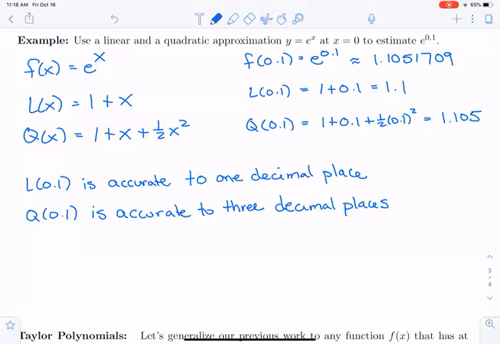So the idea is that we're going to have this polynomial, and then we want to match derivatives of the Taylor polynomial with my function at some point x equals a. So we want the polynomial at a to match f of a. We want the derivative at x equals a to match f prime of a, the second derivative to match f double prime of a, just like we did with the linear and quadratic approximations. But we want that to continue all the way to the nth power.